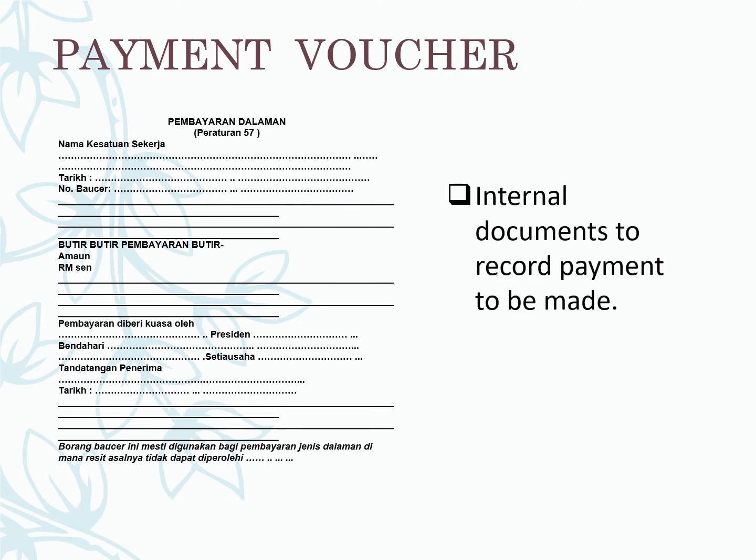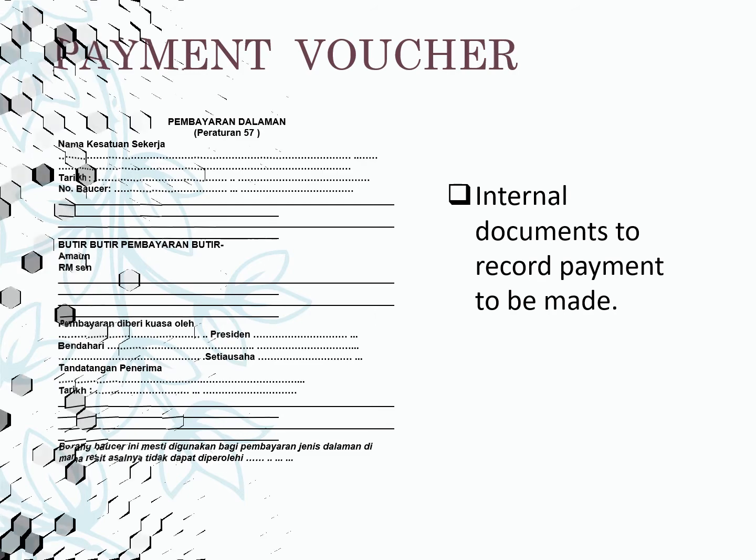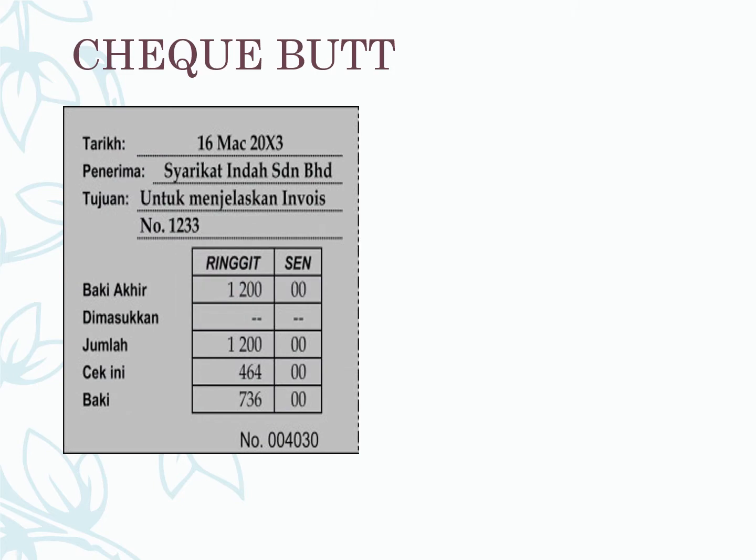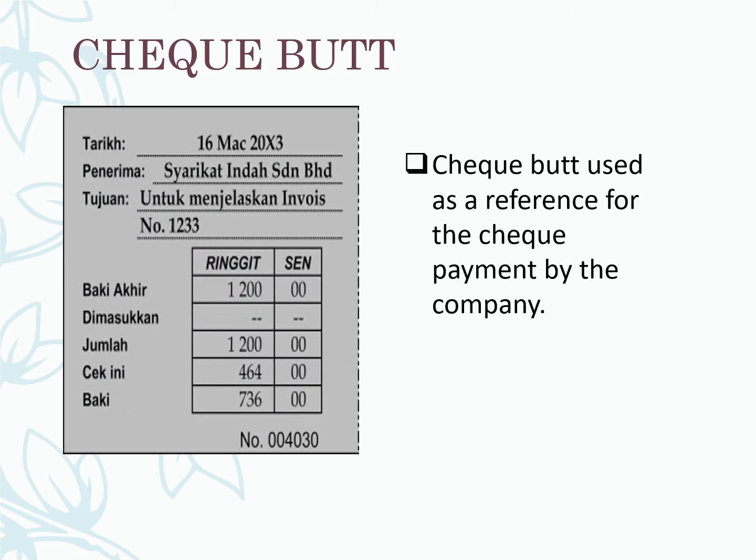Payment voucher is an internal document provided by the business owner to record any kind of payment. Checkbox. Checkbox is used as a reference for the check payment that have been made by the company.